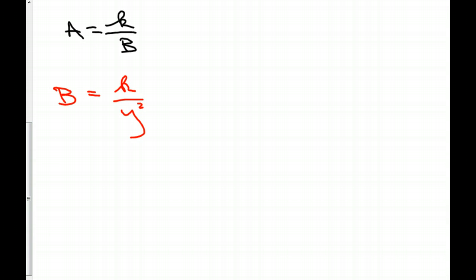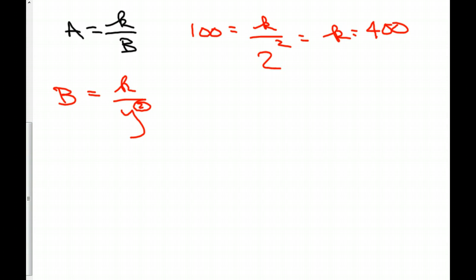What do we put in there for B? We're going to put 100. And K is what we're looking for, and what are we putting in for Y? 2. And then we square it, because that's what this says to do. Whatever we put in there for yellows, we're going to square it. So we end up with K equals what? 400. Because this is going to be 4, cross multiply, 400 equals K.